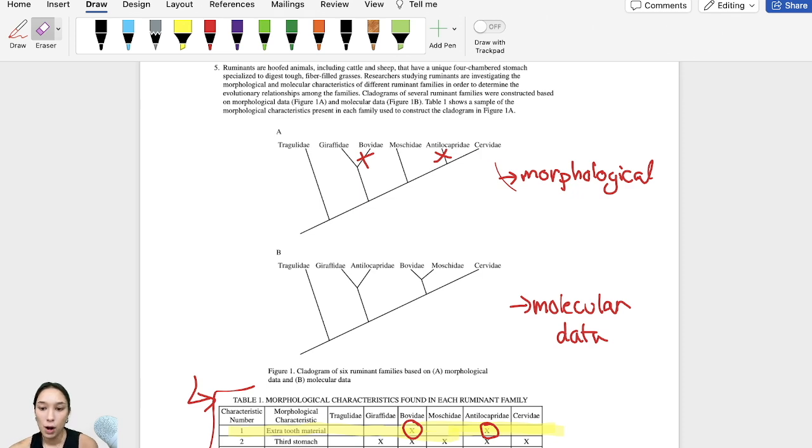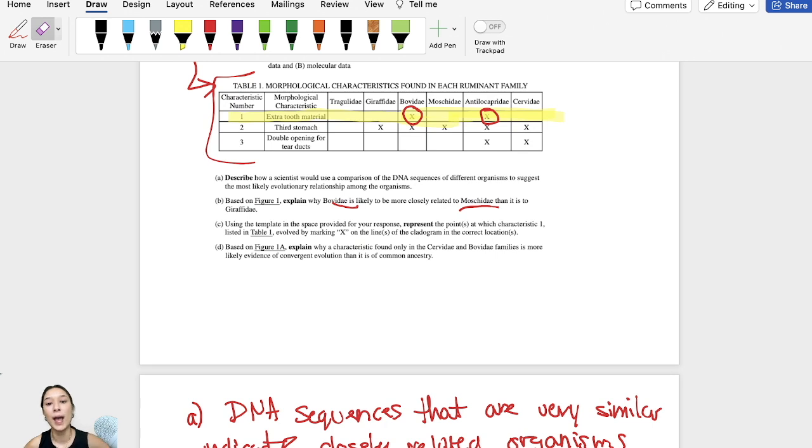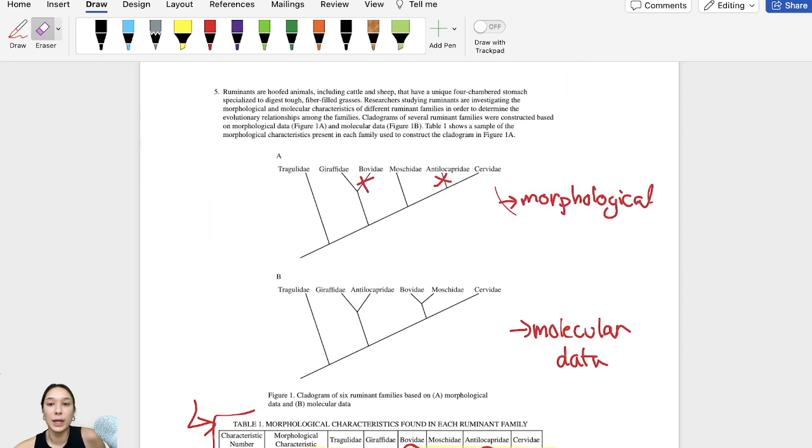Alrighty, so our last one is D. And D says, based on figure 1A, explain why a characteristic found only in the Cervidae and Bovidae families is more likely evidence of convergent evolution than it is of common ancestry. So I basically already answered this without knowing it. So a common characteristic of Cervidae and Bovidae. This is very similar to the question previously.